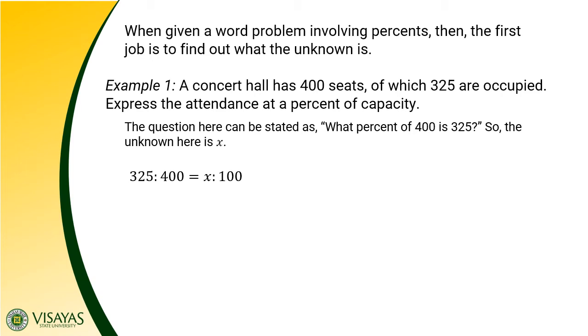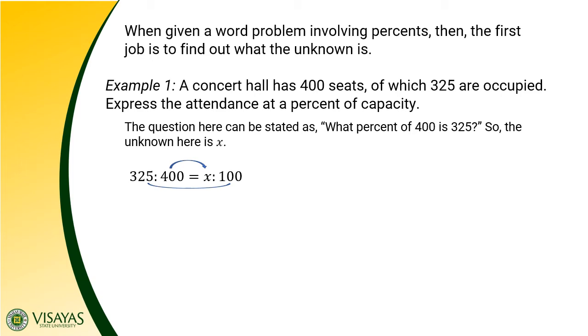So, these are proportional. 325 is to 400 as x is to 100. And how do we solve a proportion? I hope you still remember how to solve a proportion. It is only by multiplying the means and multiplying the extremes.